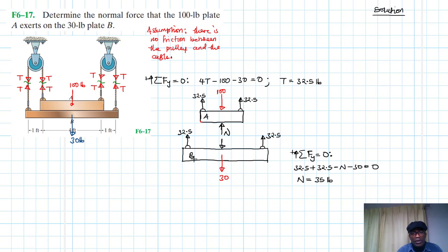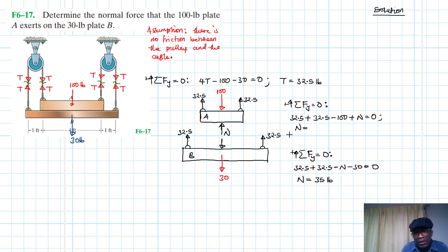Okay, and it's the same value also up there. If we are to use this, we'll find the same solution, and we expect the same. So summation of forces in the y equal to 0. What do you have? You have a 32.5 plus a 32.5 minus 100 plus N equal to 0.